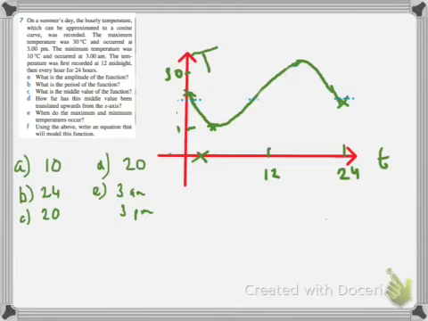Now, what I've got to do is bring this graph to the axis, because if I bring the graph to the axis, I create a cosine function. I can do it two ways. I can bring the graph a little bit that way, and I've got a cosine function, but it's a negative one.